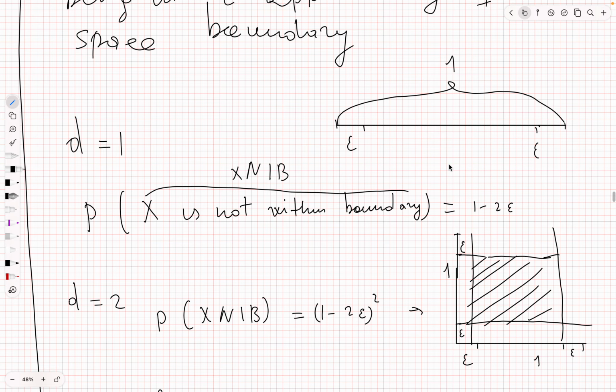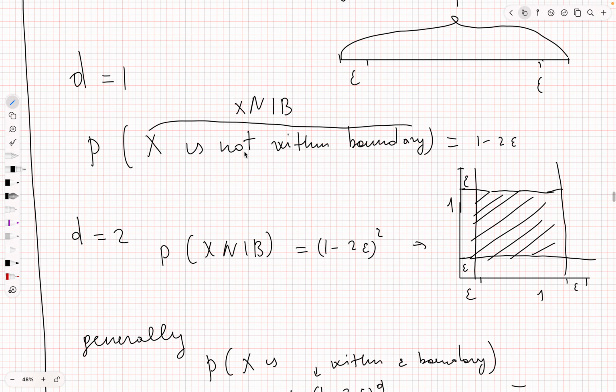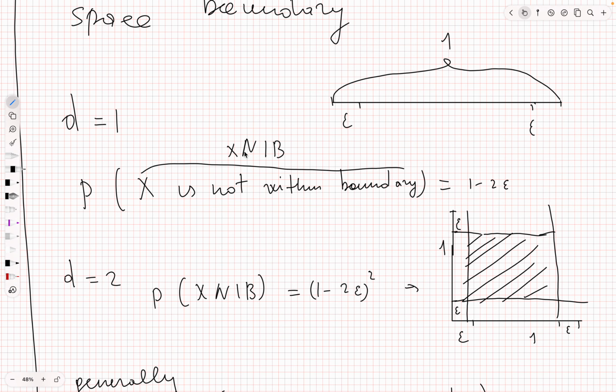How do we calculate it? We just write 1 minus 2 epsilon. Consequently, the probability that x is within the boundary will be 2 epsilon.